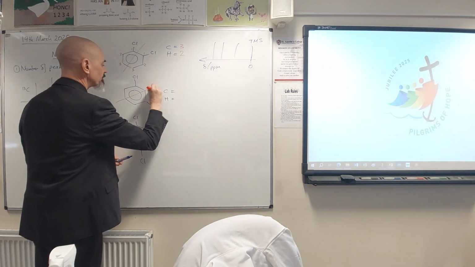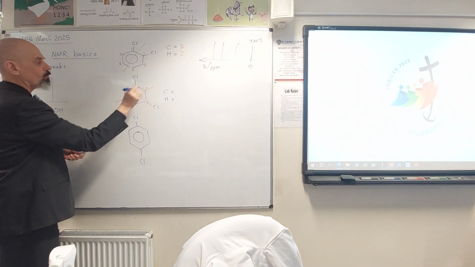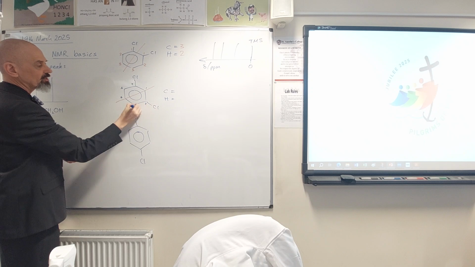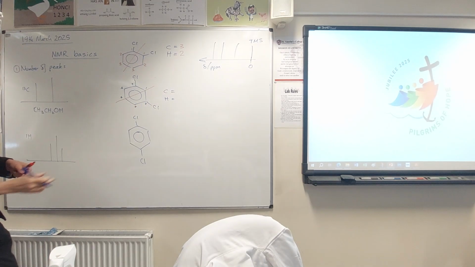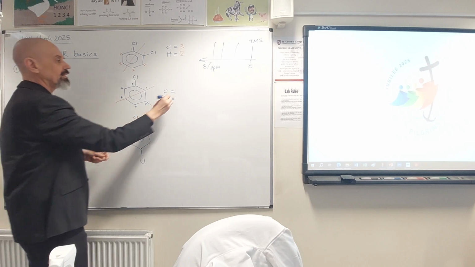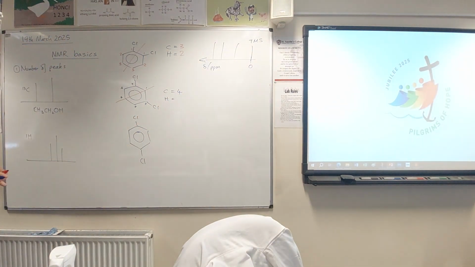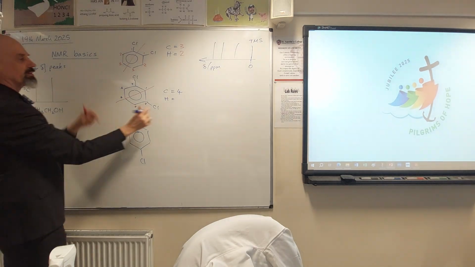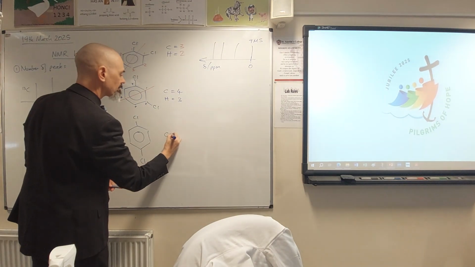So my line of symmetry is now there. So we've got 1, and then 2, 3, 4, 2, 3, and there's that. So we've got 1 there, 2 of the same, 2 of the same, and then 1 there. And hydrogen peaks? 3. So we've got 1 there, and those 2 are going to be the same.